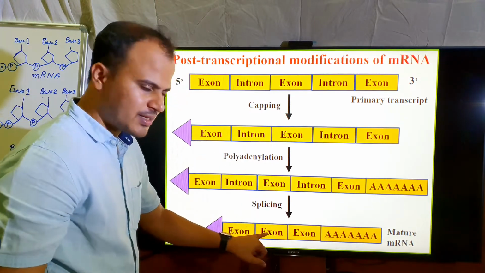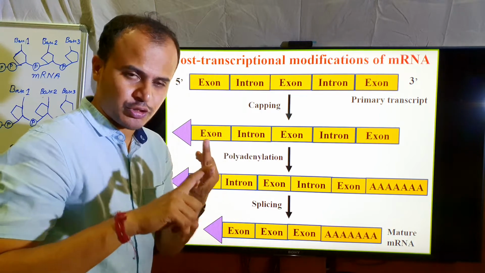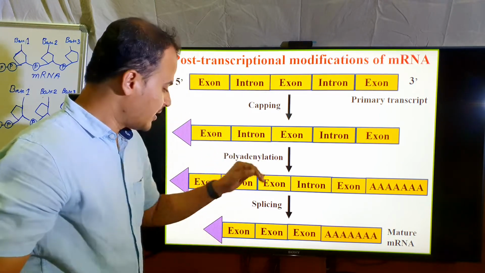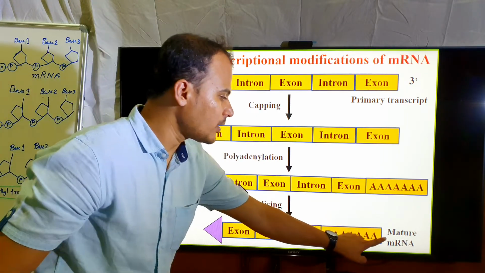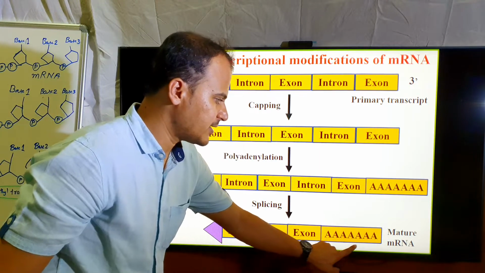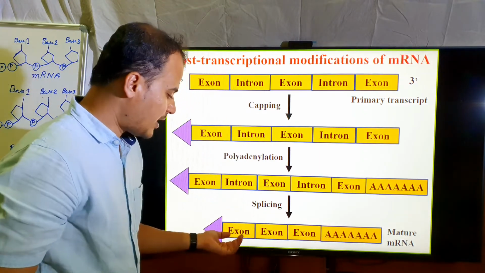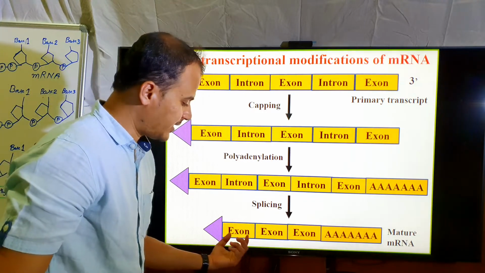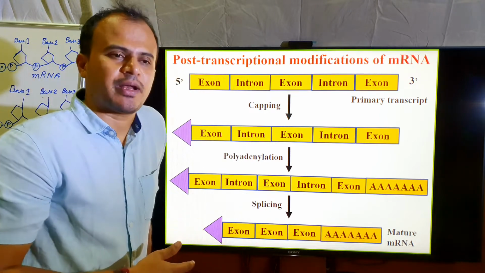Now we call this the mature mRNA. To call it a mature mRNA, it should undergo three processes: capping, tailing, and splicing. You can see there is a 5' cap. You can also see there are several adenosine residues at the 3' end, and the mRNA has no introns, only exons. So this one we call mature mRNA.